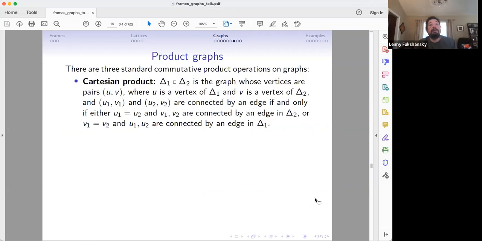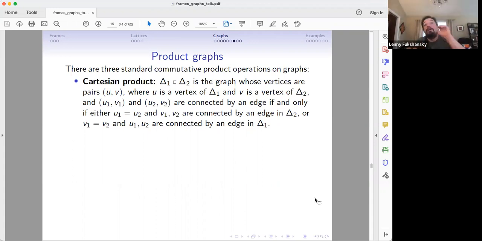Okay, so then it might also be interesting to look at what happens with product graphs. There are three standard commutative product operations defined on graphs. The first is what is called the Cartesian product. Suppose I have two graphs, delta 1, delta 2. Then its Cartesian product is defined like this.